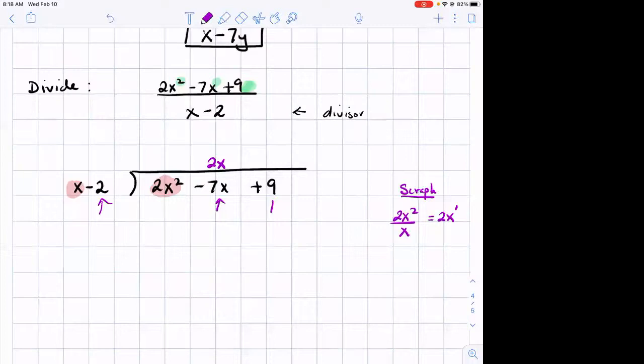Now what I'll do is multiply this 2x by everything here. So 2x times x becomes 2x squared. And then 2x times minus 2 becomes minus 4x.